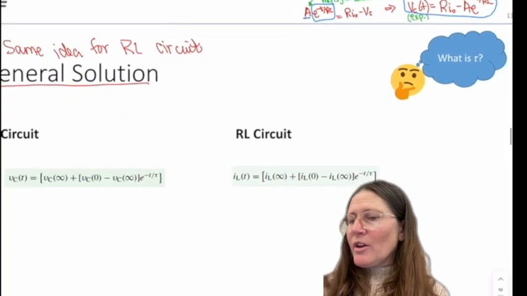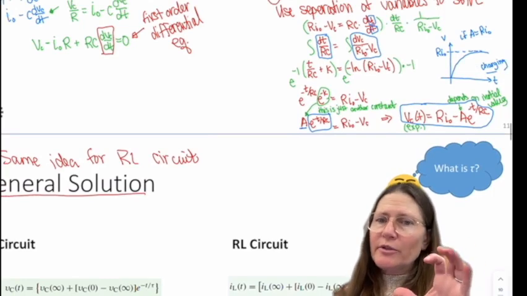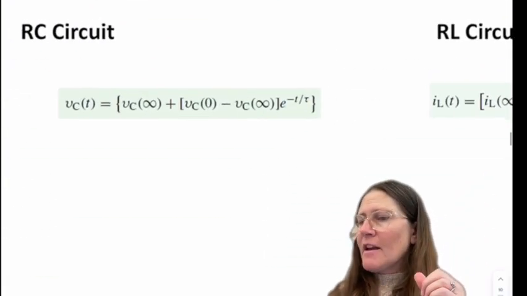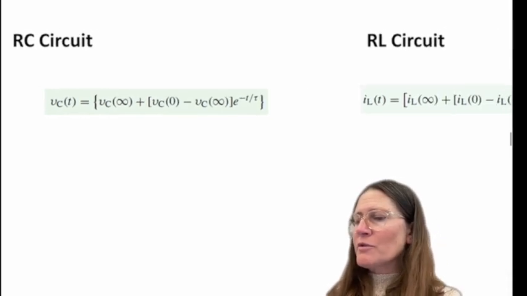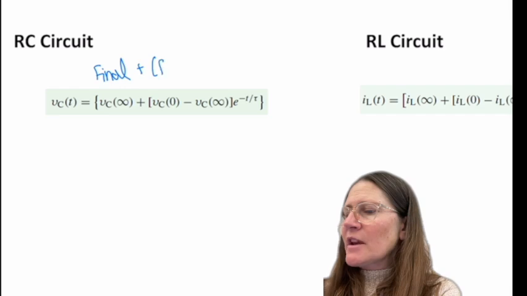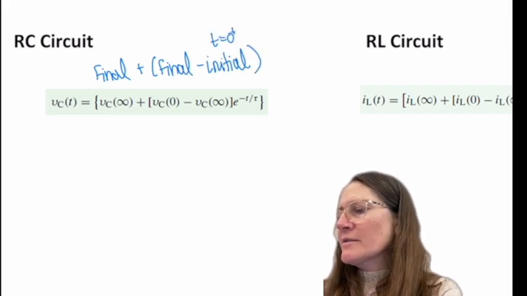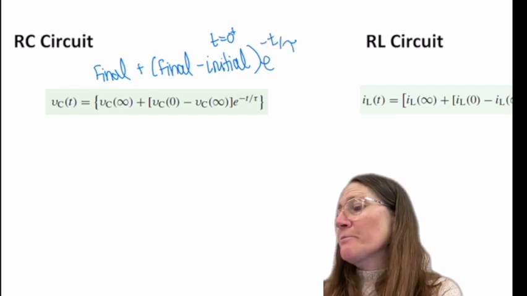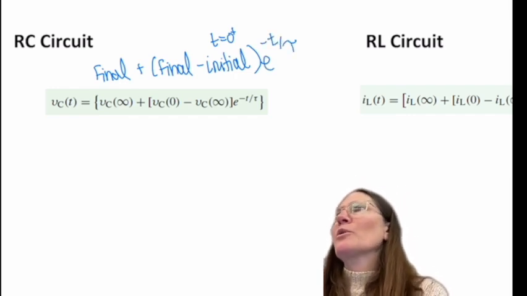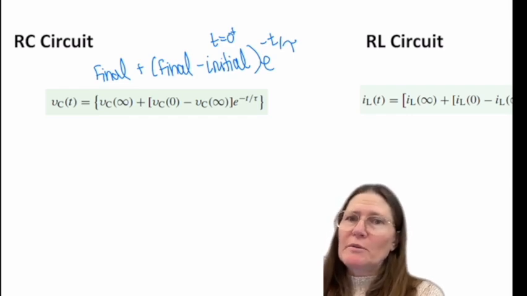So the general solution, and this is the same way you do it for the RL circuit, is that you have this general form: the final value plus the initial minus the final, times e to the minus t over tau, for both of them. Whether it's an inductor or a capacitor, any first order differential equation will always have this general form.